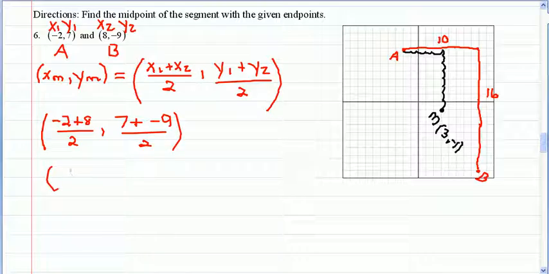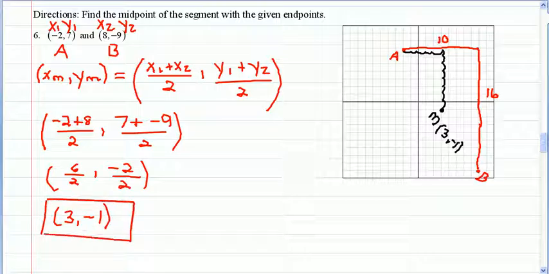Negative 2 plus 8 is 6. 7 plus negative 9 is negative 2. And when I simplify, 6 over 2 is 3. Negative 2 over 2 is negative 1. So my midpoint is 3, negative 1. So this point corresponds with the point that we found graphically. So either way would work, and again, if you don't have a graph, then you have to use the formula.